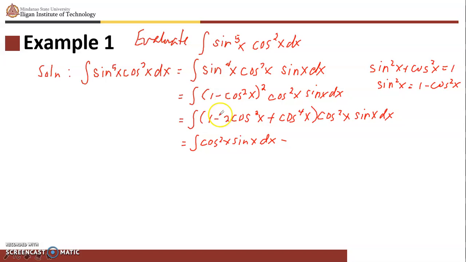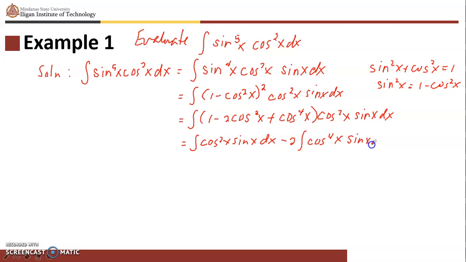Minus, when we multiply this again, 2 times the integral of cosine to the fourth x, because we have cosine squared times sine x dx.